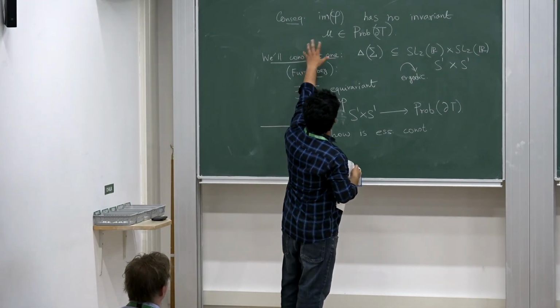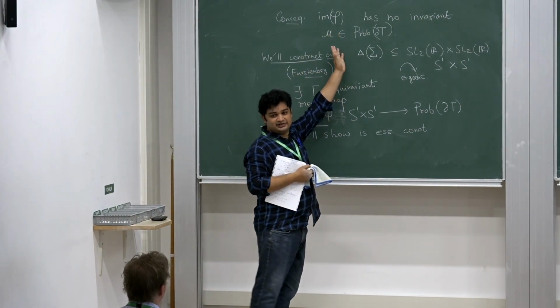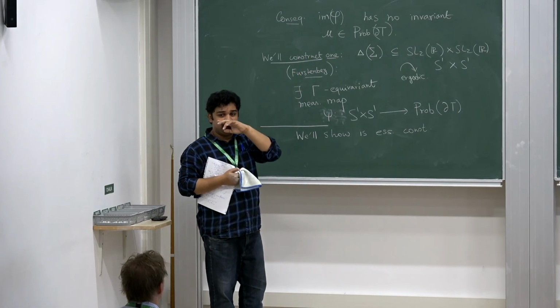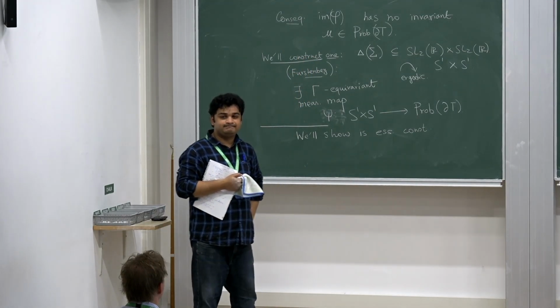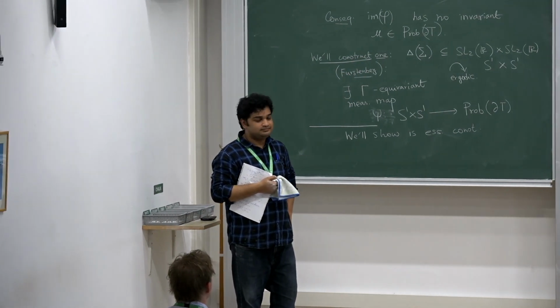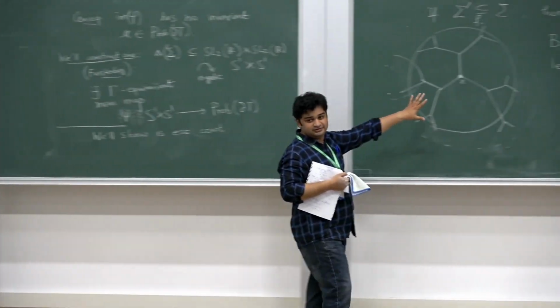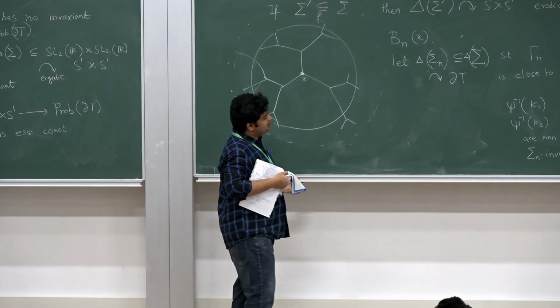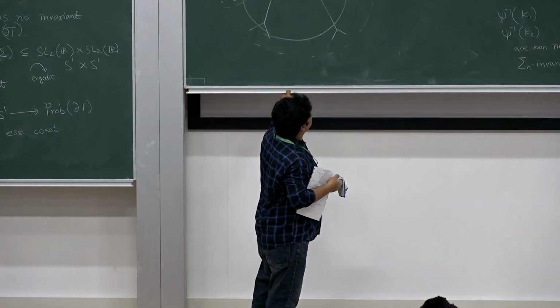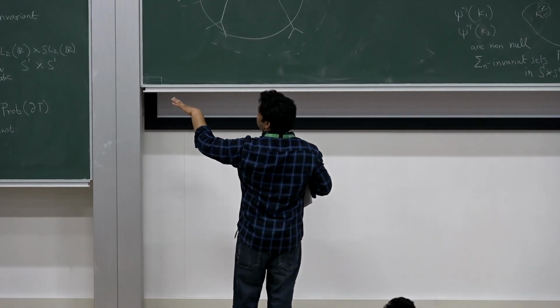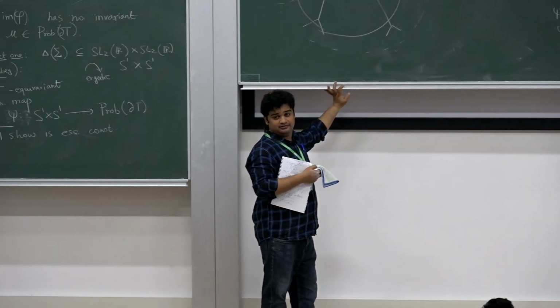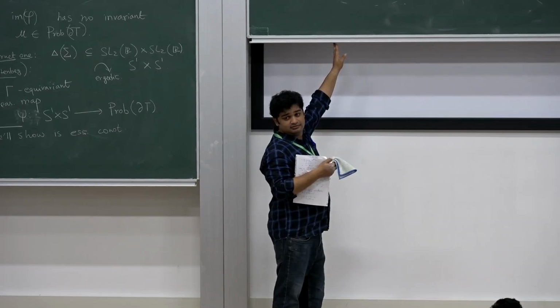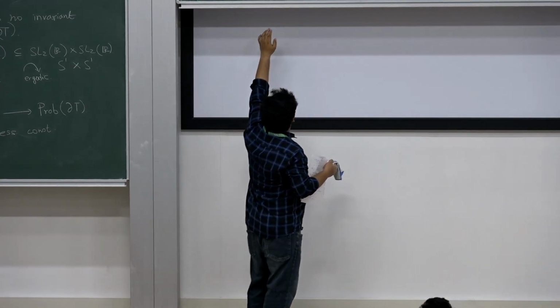It plays a role to show that we cannot have invariant measures. But it hasn't played a role in this one, no. In this one, we only needed to know that the smaller group that we have acts ergodically, which is sigma.